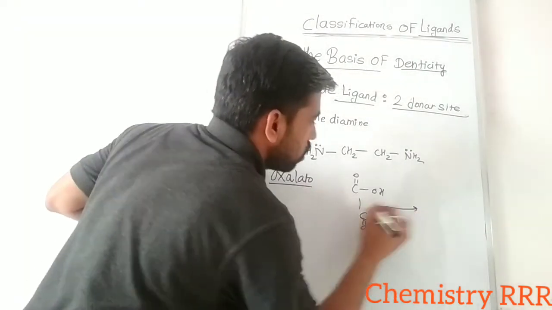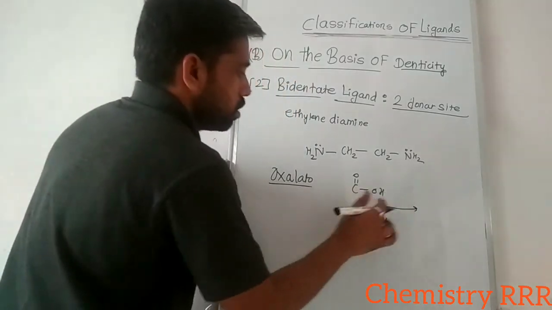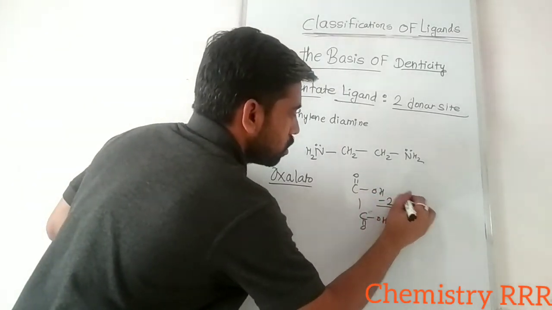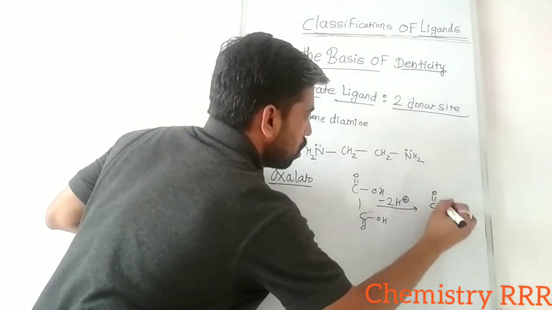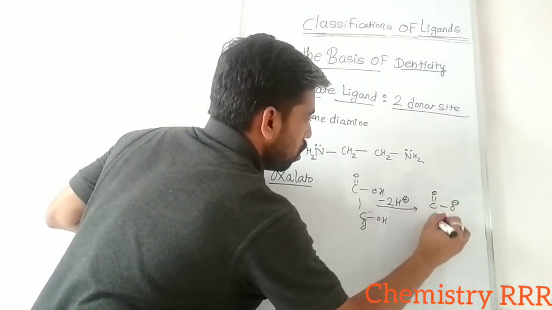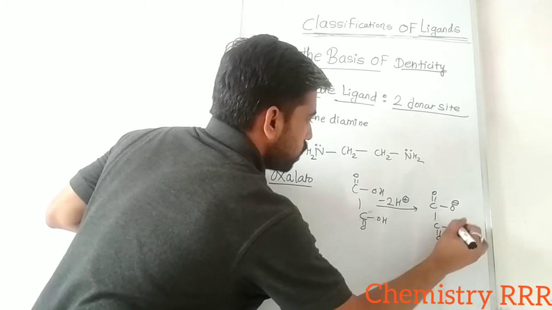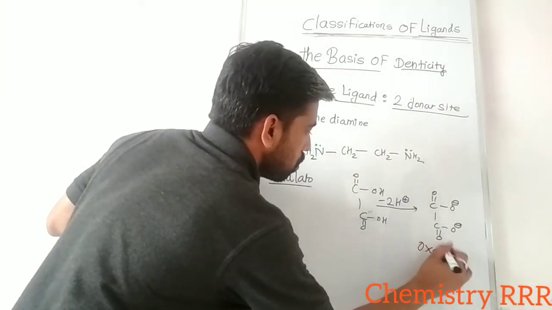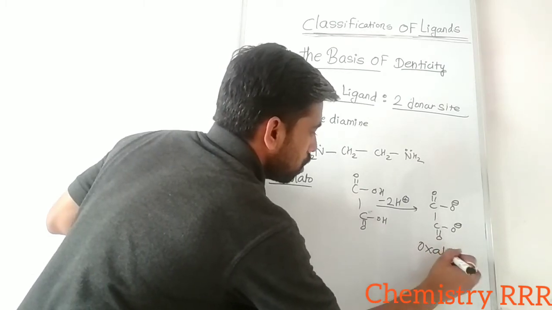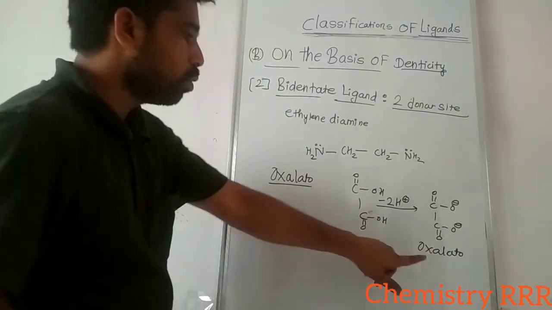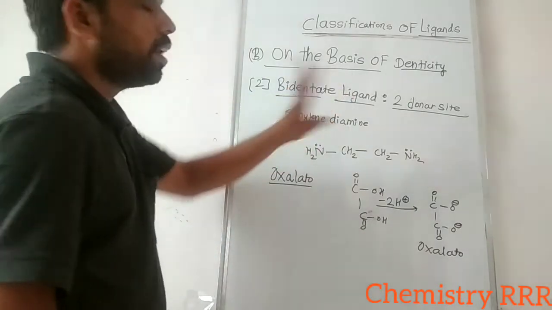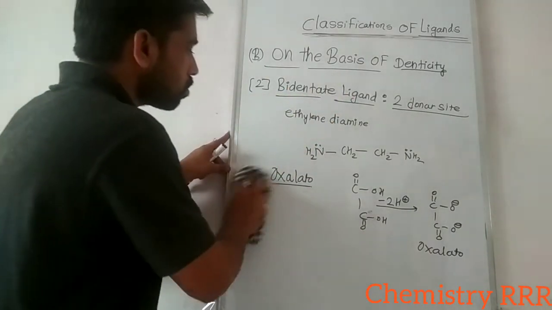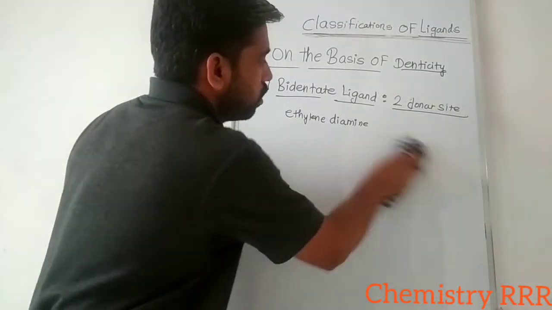Just remove the two hydrogens, the two H plus, and we get the oxalate anion, which is called oxalato. This is a bidentate ligand. Now let's see the third example.